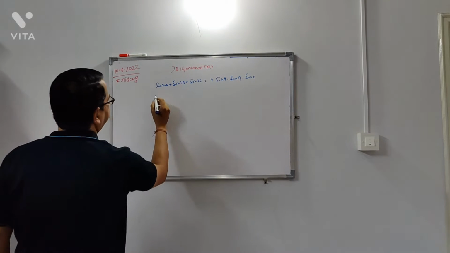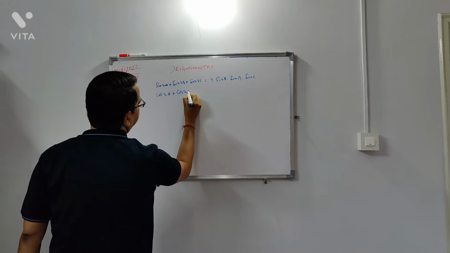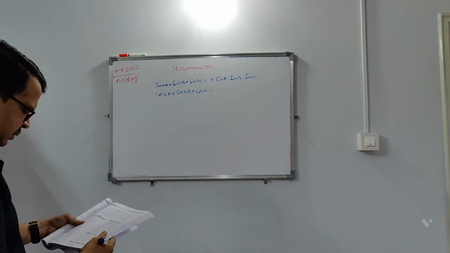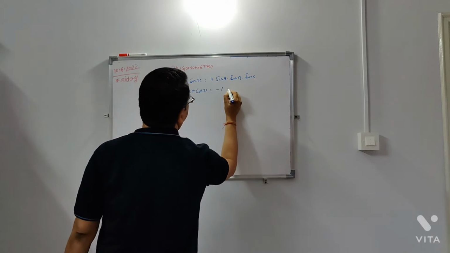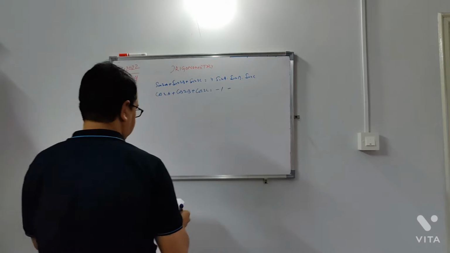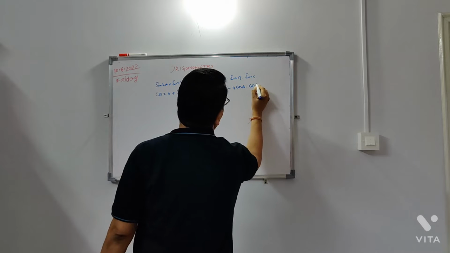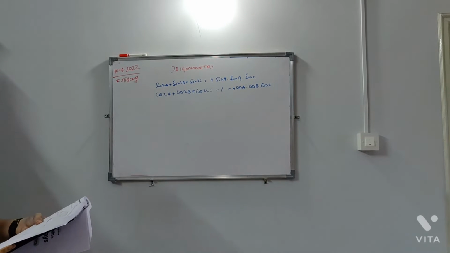Similarly, cos 2A plus cos 2B plus cos 2C is equal to minus 1 minus 4 cos A into cos B into cos C. So these things you have to remember.